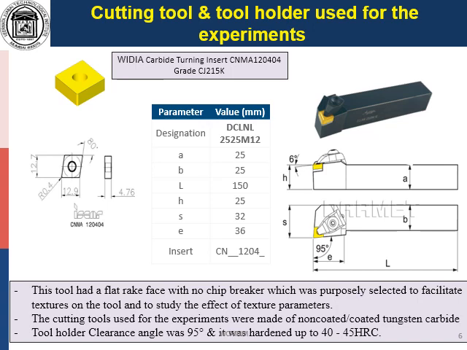The cutting tool has a plain rake face without a chip breaker, a characteristic deliberately selected to allow texturing on the tool and to examine the effects of individual texture parameters. The schematic of the tool and its arrangement in the tool holder is shown in the schematic diagram.